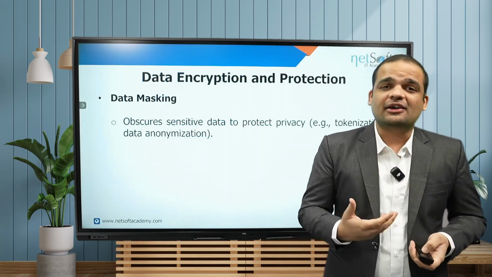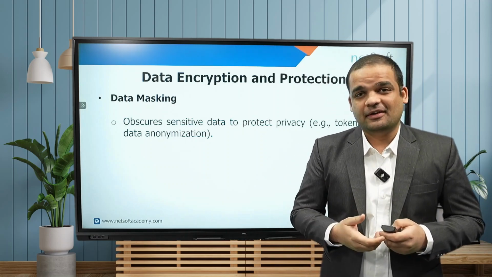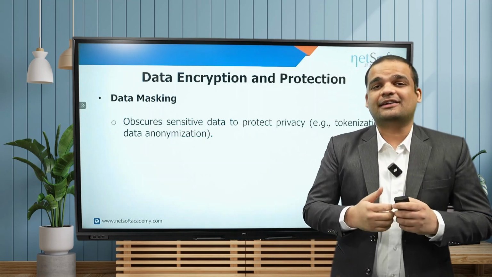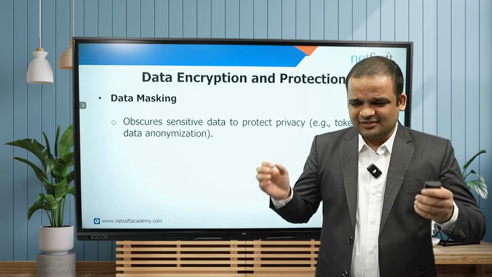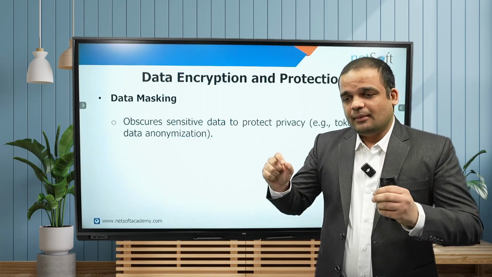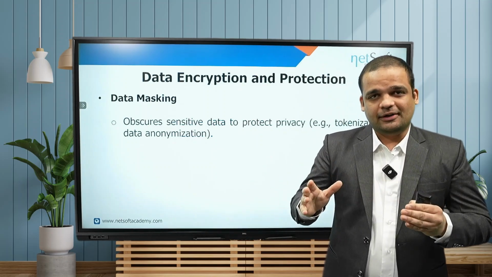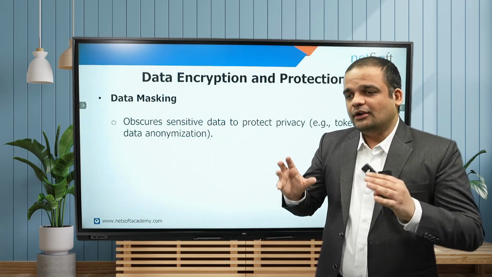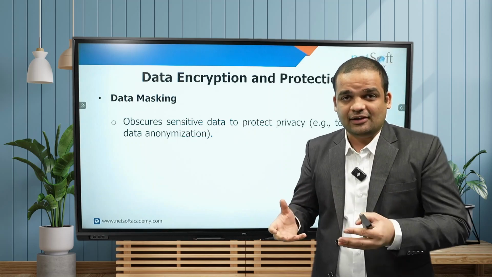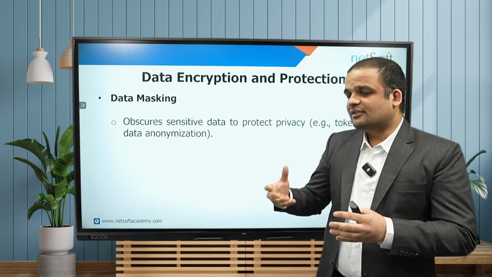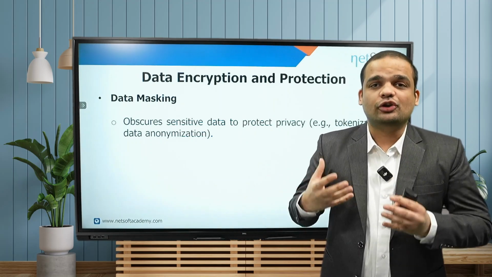It protects user privacy while still allowing data to be used for analysis or by applications. In simple words, data masking masks your data so that an unauthorized user or service cannot see what the data is, but an authorized service or application can still use it.